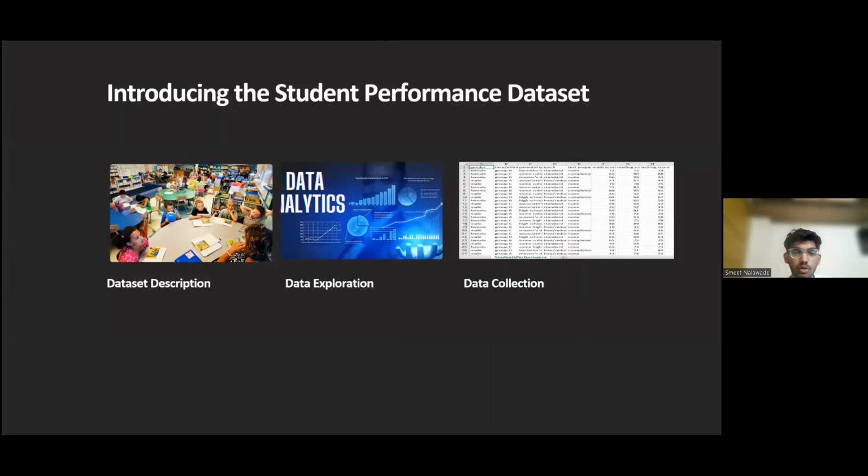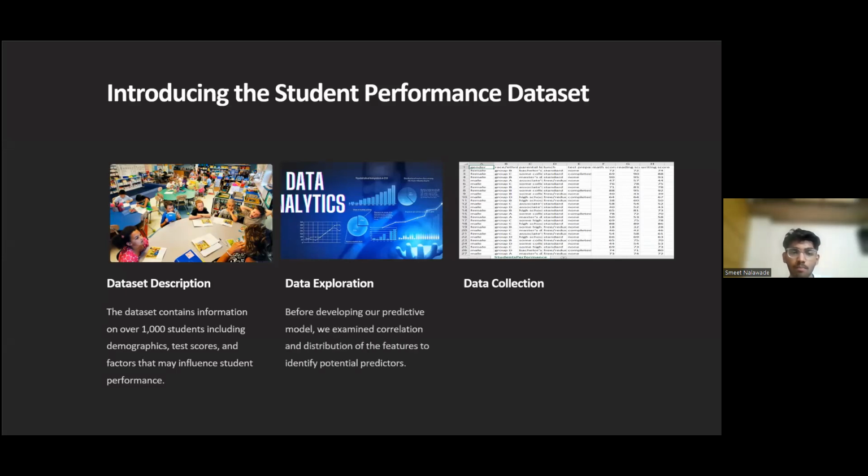So, introduction to the performance database or the data set. For the data set description, we have taken a data set of students with information on over 1000 students, including demographics, test scores, and various factors that may influence the student's performance. Then we are going to perform data exploration.